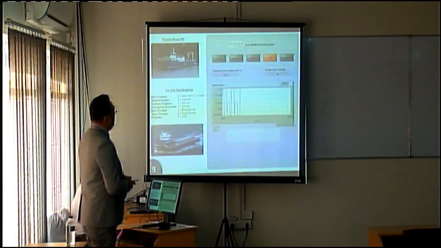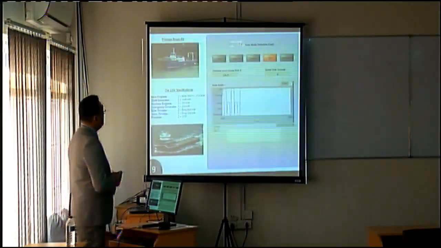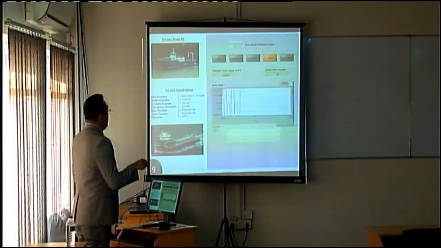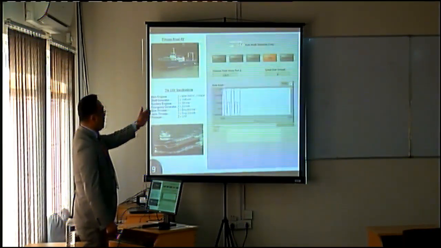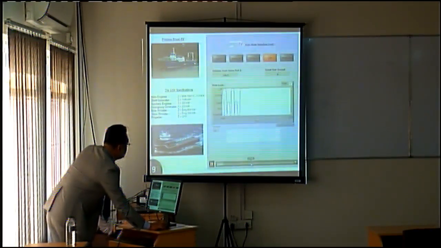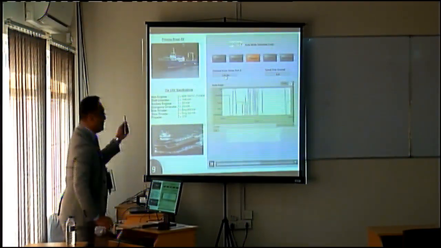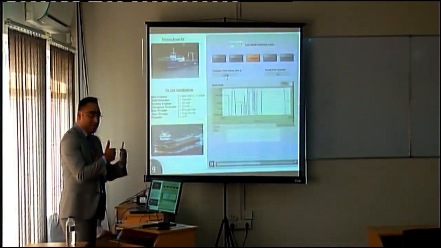So the vessel is now in dynamic positioning mode. It has been running for a long time, and if I move forward a little, you will still see 130 nautical miles, which means they are still in range of the rig.